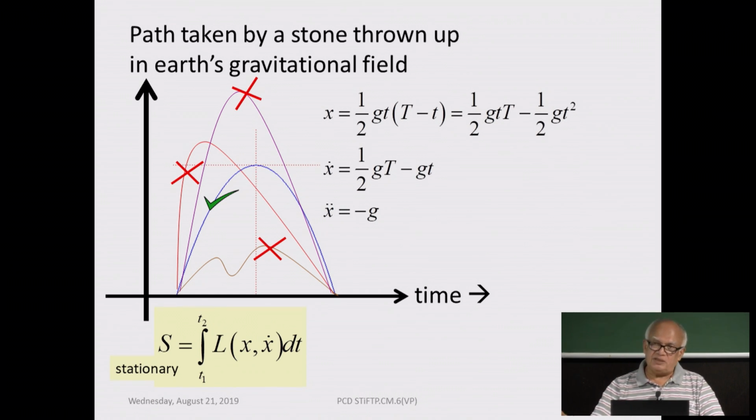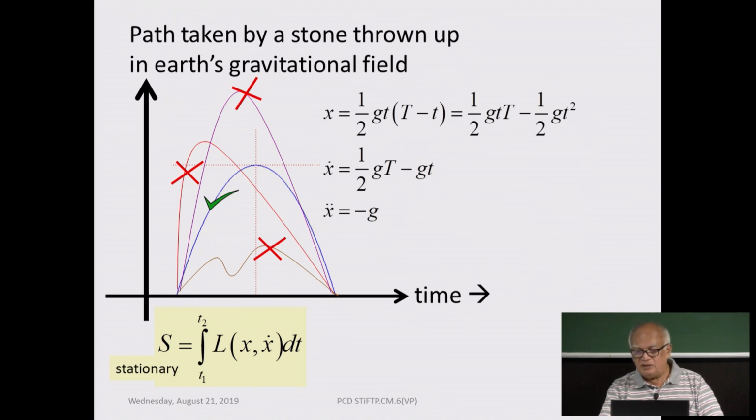So this is the variational principle, that you get this path by solving the Lagrange's equation, which you obtain by demanding that action is stationary. You determine what is the action along alternative paths, and there is one particular path which will give you the action to be stationary.